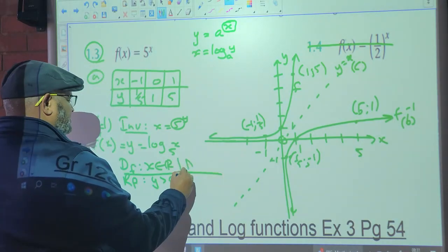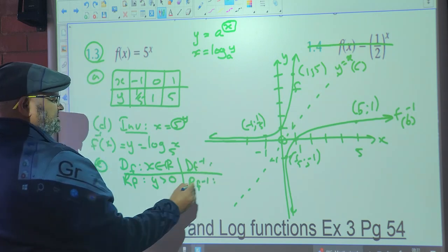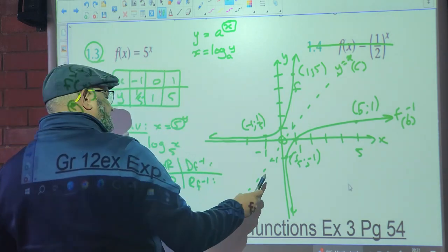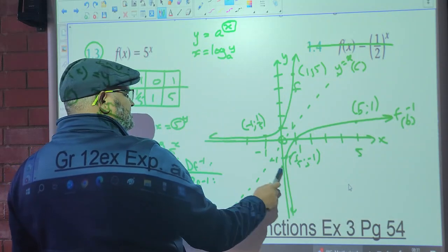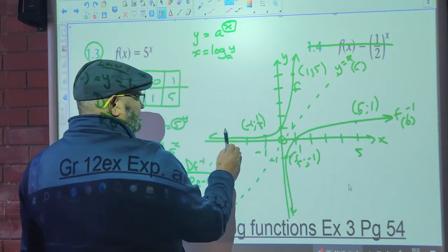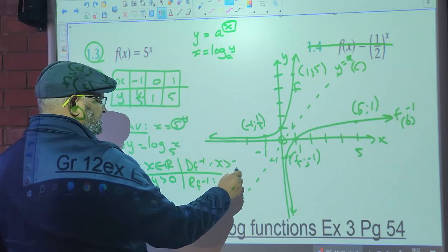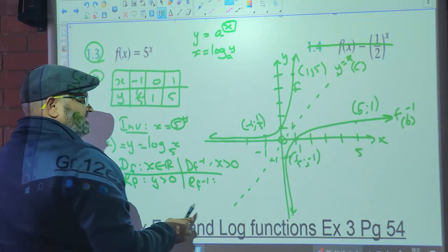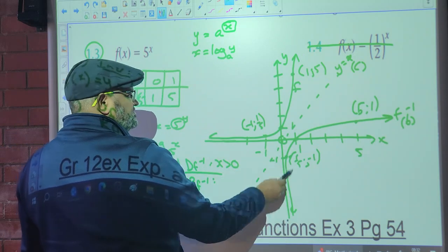Let's look at the domain of the inverse function and the range of the inverse function. As you can see, does this graph exist at negative infinity on your x? No. Where does it start existing? 0 onwards. So x is greater than 0. Does this graph exist at negative infinity? Yes. Positive infinity?